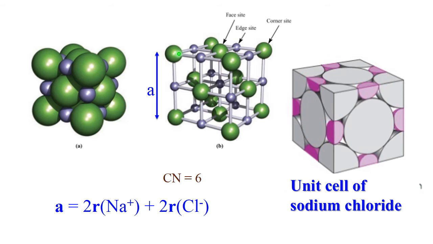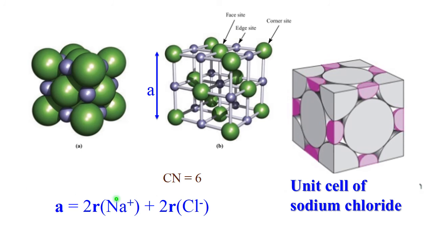The structure of sodium chloride is cubic. So you have larger chlorine atoms, here they are green, and smaller sodium atoms. This is how unit cell looks like, and each side is equal to 2 radii of sodium, so diameter, and 2 radii of chlorine.